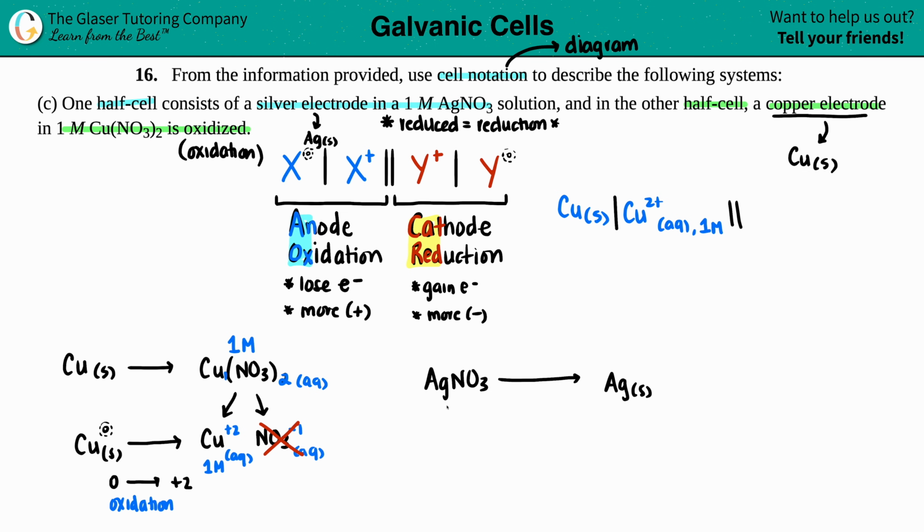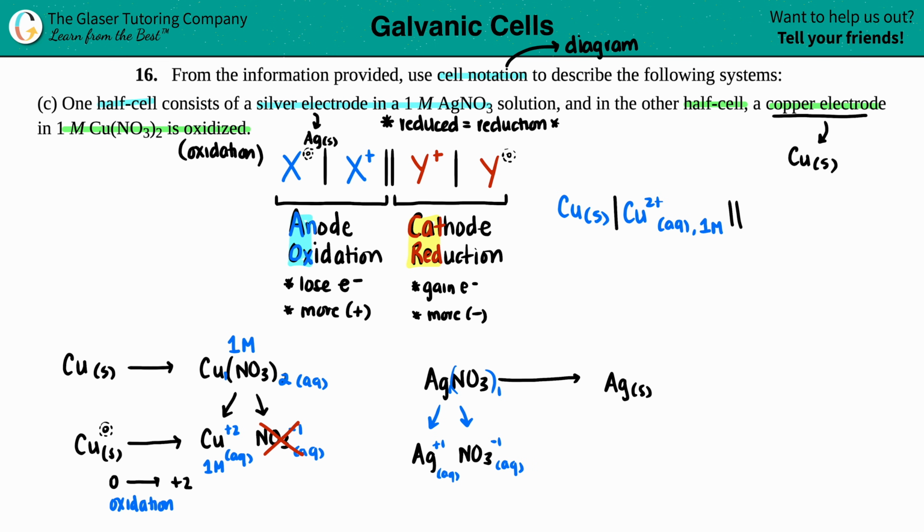So let's just break this down. AgNO3, we have Ag and NO3. If we use those subscripts, we had 1 Ag, and remember, we have 1 NO3. So 1 for 1, Ag would be a +1 aqueous, and NO3 would be a -1 aqueous.